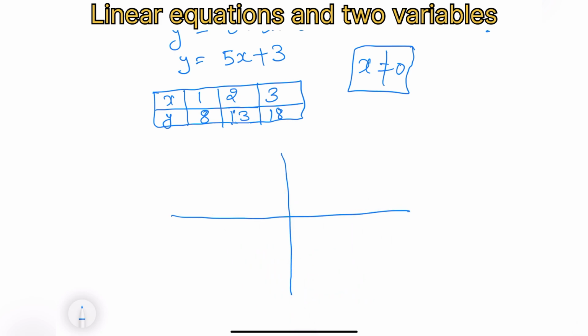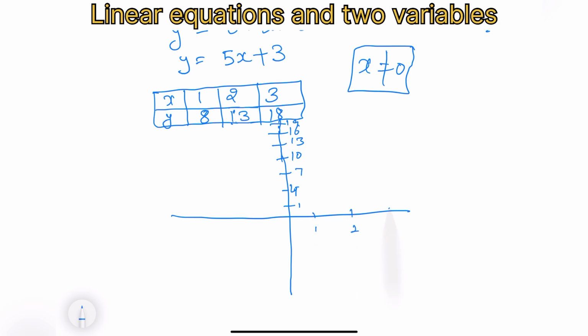So now we plot the equation on the graph by taking the points (1, 8). Like we consider this as 1, 4, 7, 10, 13, 16 and 19 on the y-axis.